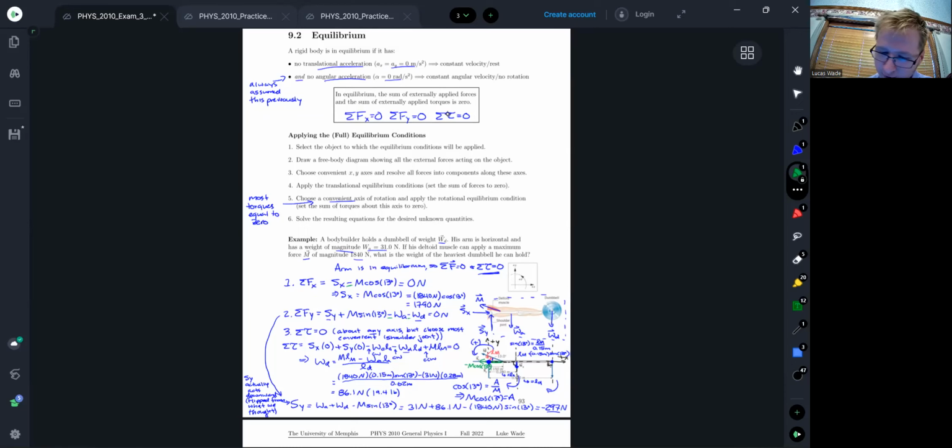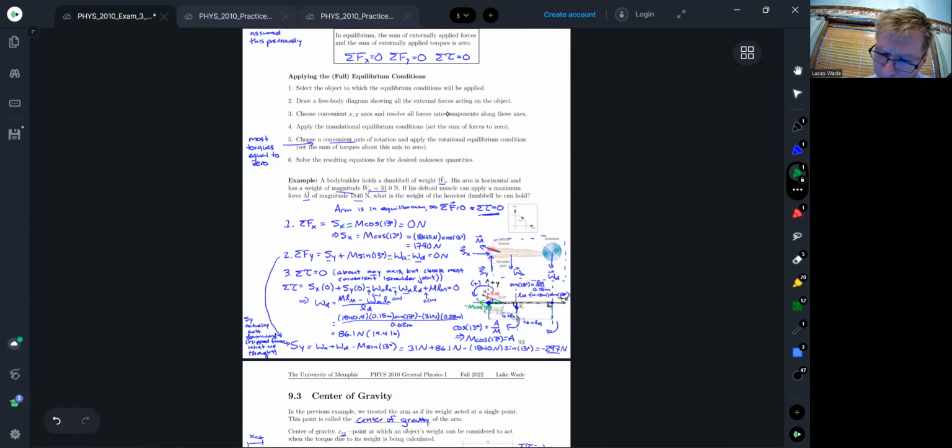So in this example, with the dumbbell, we were able to find different things about this system by applying those equilibrium conditions, both that the net force is 0 and the net torque is 0. There's nothing even remotely as complicated as this on the exam, but it is good to remember that if something is balanced, then the net torque on it has to be 0 and the net force has to be 0 on that object.